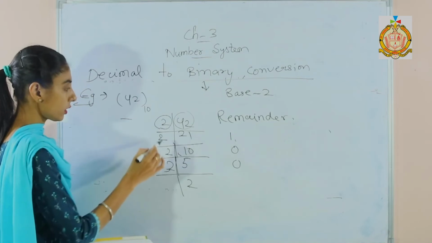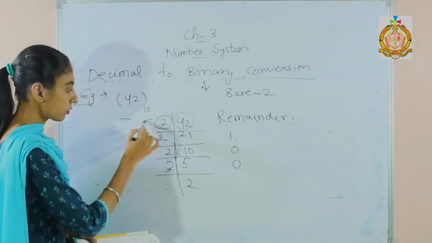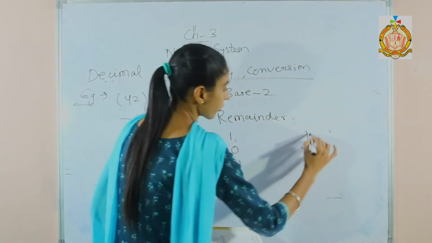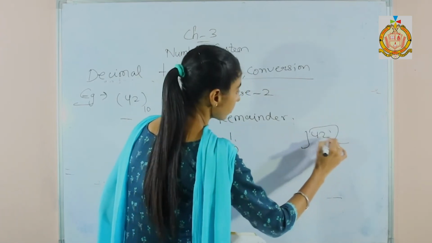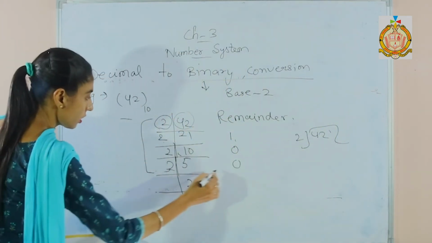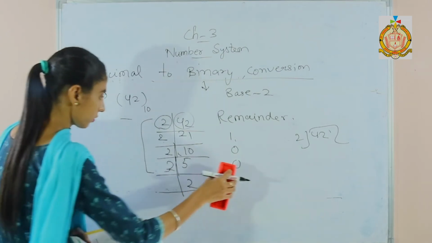Because we have to divide with this, do not accept it as an LCM. You can divide it on your rough page as it is with 2. Clear? Next one, again here is a 1 remainder.